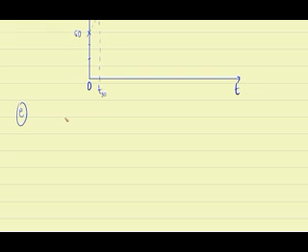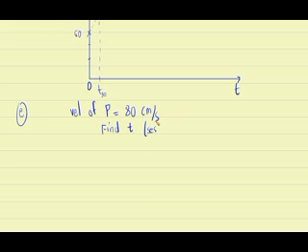It's asking us velocity of p equals 80 centimeters per second, find t in seconds at that point.